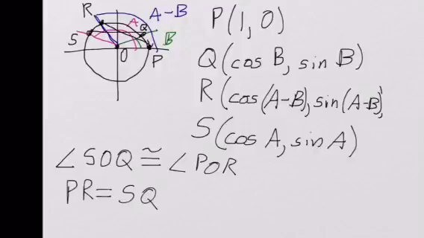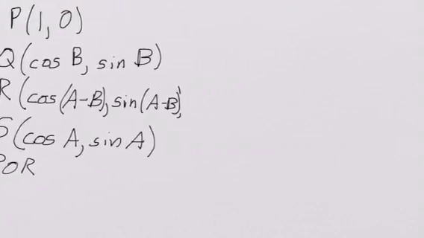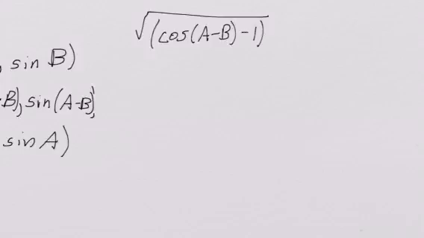So now is where we're going to use the distance formula. We know the distance from P to R is the square root of the cosine of A minus B minus 1, squared, plus the sine of A minus B minus 0, but that's not going to change anything, and we'll square that.